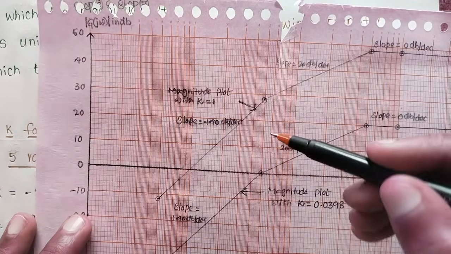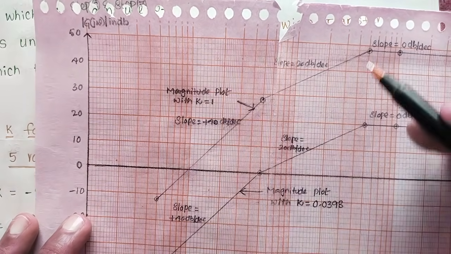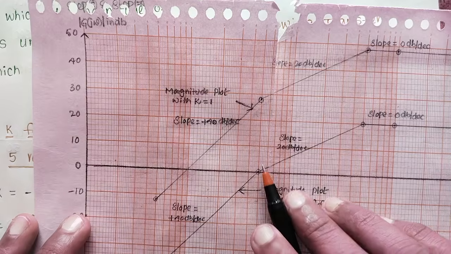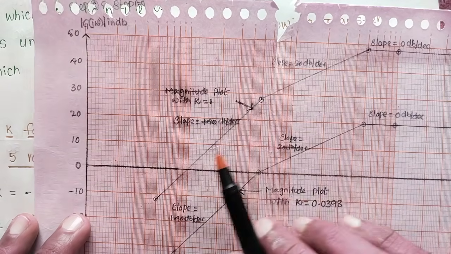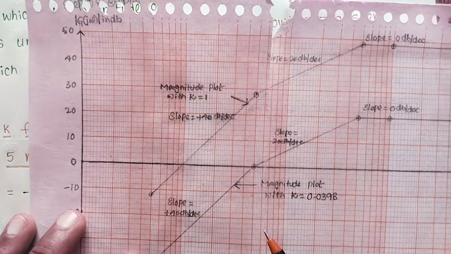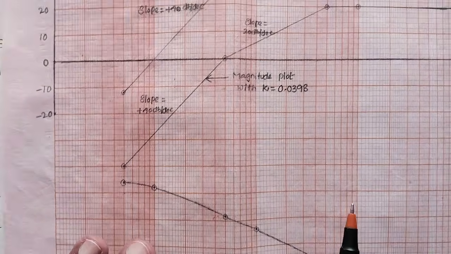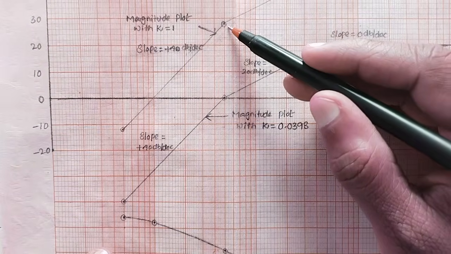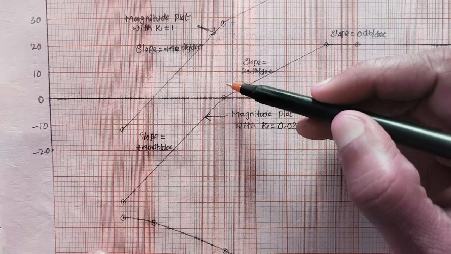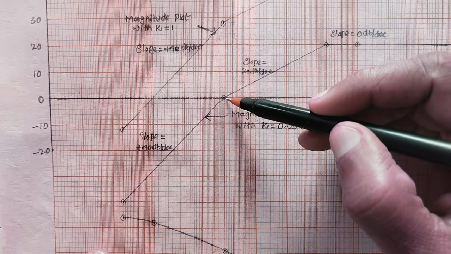So we have to get this magnitude plot down by 28 dB. Here at 5 radians per second the magnitude is 28 dB, and we have to get that down to 0.